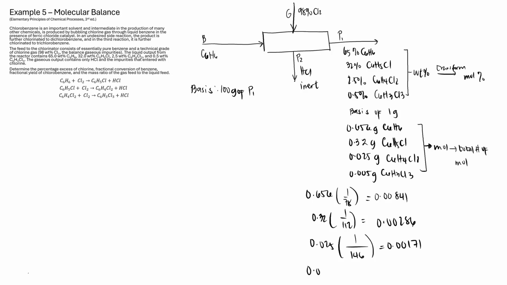And then what do we expect from C6H3Cl3? It's going to be close to 0. So that's 35 times 3, 105 plus 72, 177 plus 3, 180. Yeah, 0.00000278.